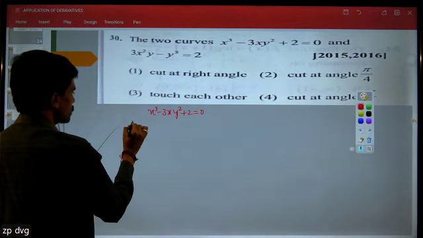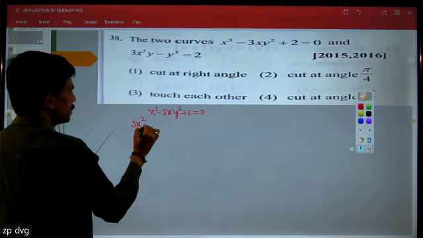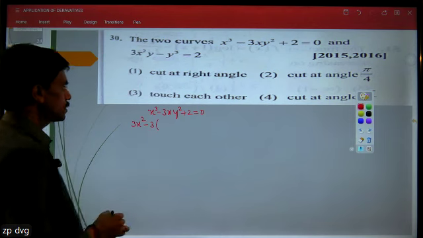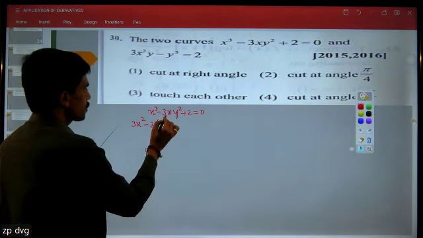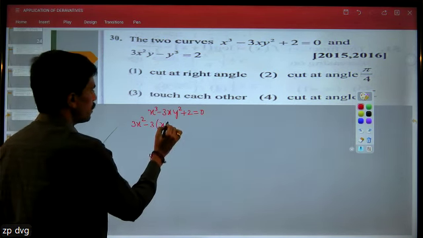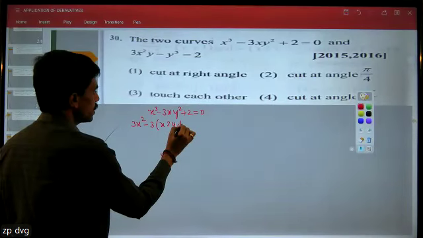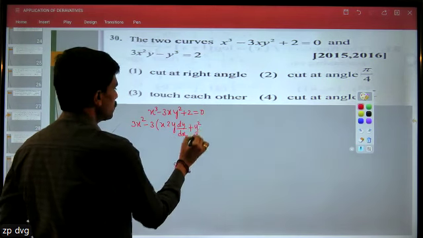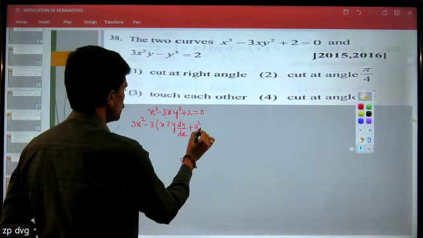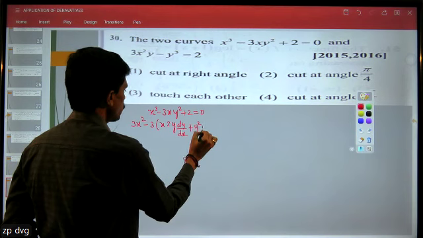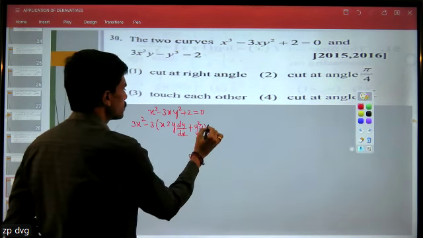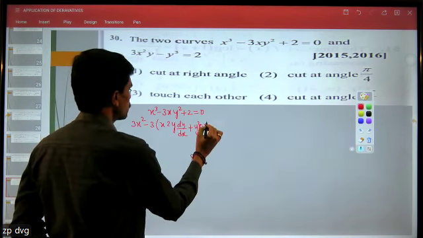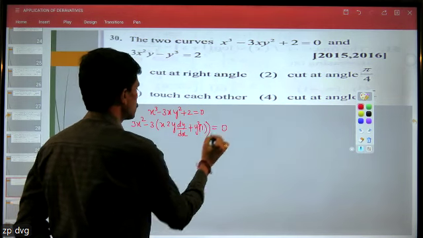Differentiate with respect to x. We get 3x square minus 3 into, here we have to use the product rule. First function into derivative of second function, that is 2y into dy by dx, plus second function into derivative of first function, that is x, derivative is 1. Derivative of 2, it is a constant, is 0, which is equal to 0.